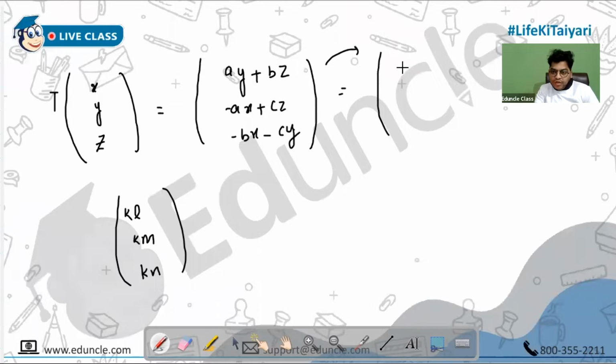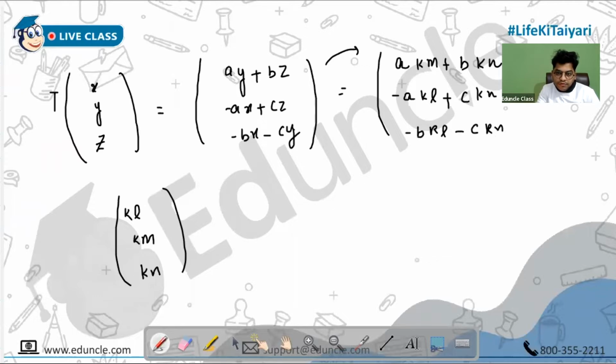Now can you do this? You can multiply all these things. A of y, where y is km, plus b of kn. Minus a of x, where x is kl, plus c of z, z is kn. Minus b of x, x means kl, minus c of ky. Is it clear?